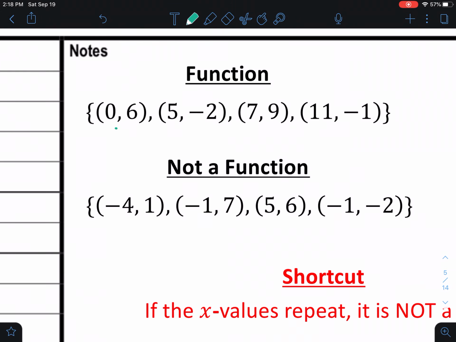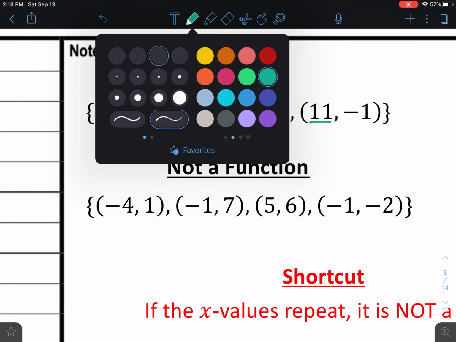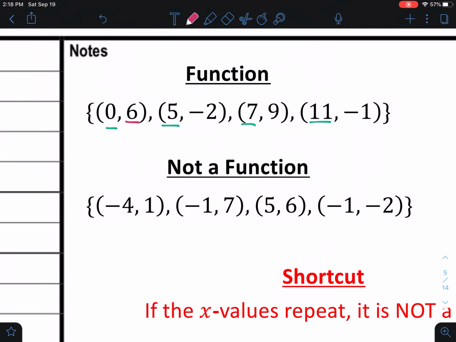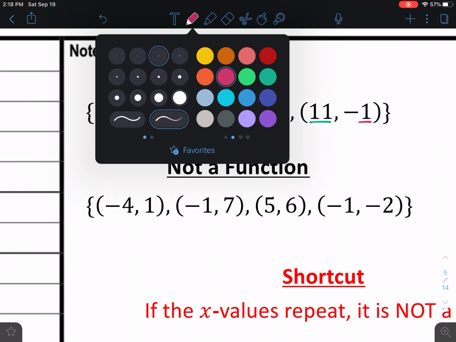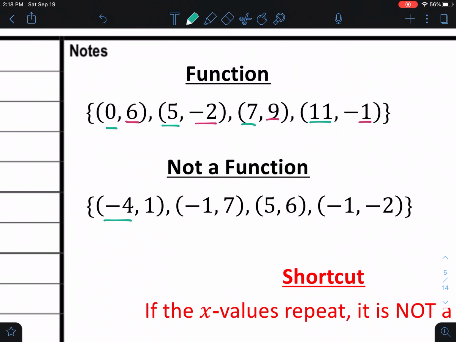our x values. You'll notice this is our domain. Our domain, each x only goes to one y value. Each one has its own y value, okay? Now, in the second one, I've got this, -4, -1, 5, and then I got another -1.